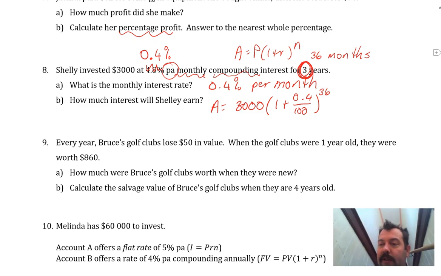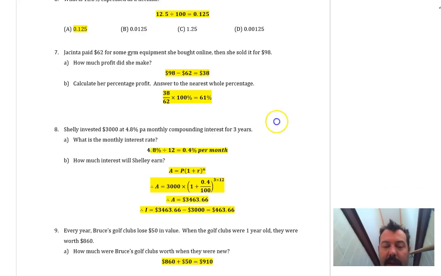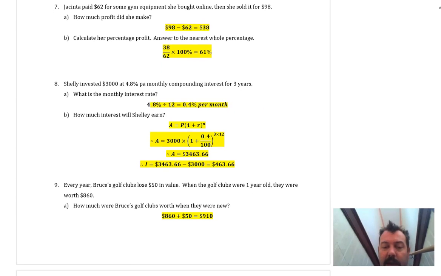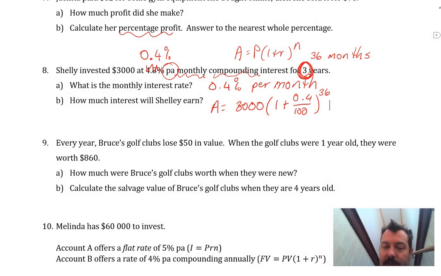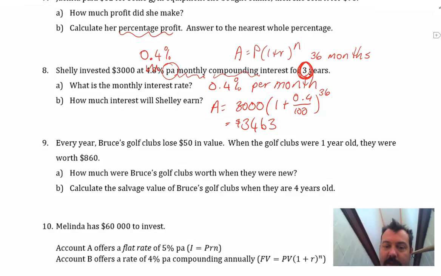Now when I do that, right, we flip over here, you'll see I have worked these out already. Here we go, I get 3,463.66.